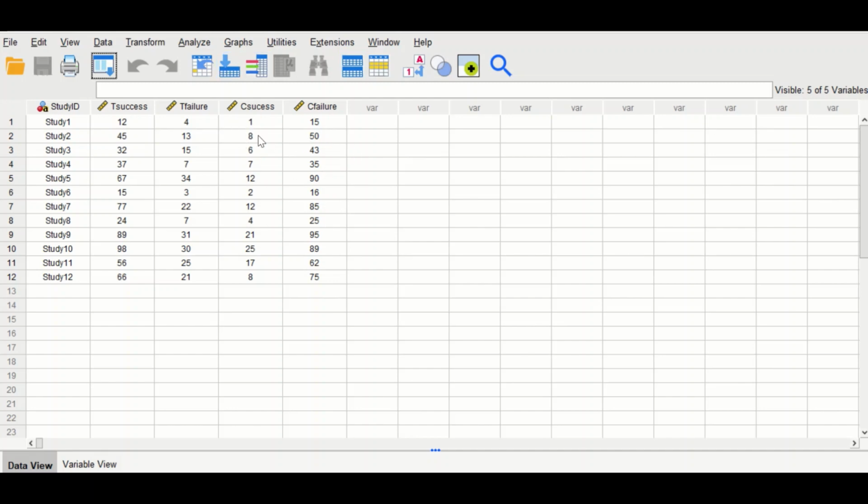The first variable measures the number of individuals who have recovered from the disease, called a success, and those who have recovered from the condition are counted and placed in the variable C success, control success. Those who did not recover without any intervention are recorded here in the variable for control failure.